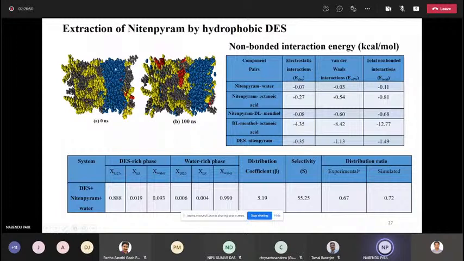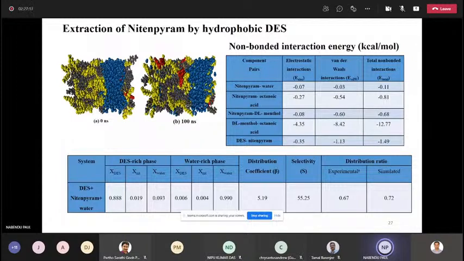After 100 nanoseconds of run, some drug molecules came completely into the DES phase. Some are stuck or have just crossed the interface, and some are still in the water phase. It gives us an idea of how they are separated, or how much extraction can happen with this kind of solvent.